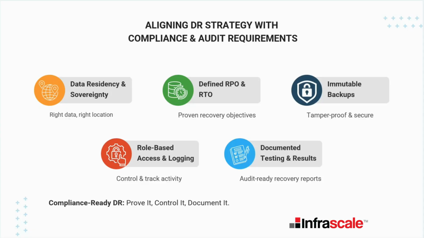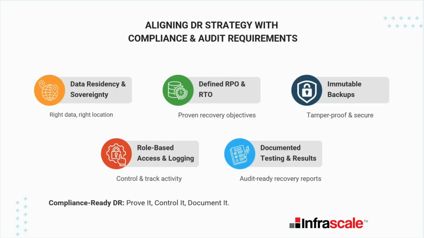Most compliance frameworks define RPOs and RTOs, but more importantly, they require proof. That means job history, recovery logs, and clear evidence that backups and restores actually work, not just policy written on paper. Ransomware and insider risk are now part of every audit conversation.